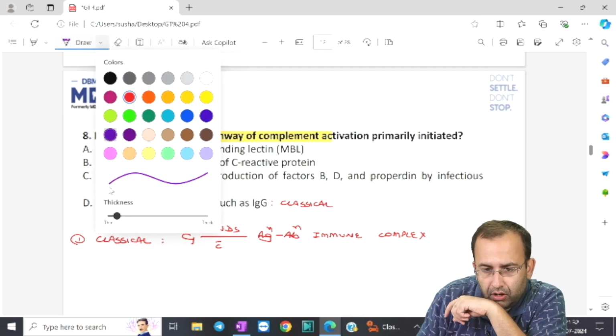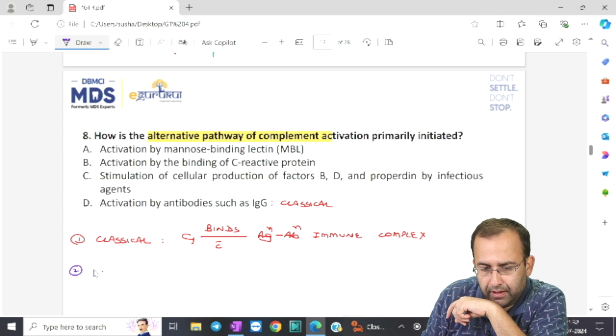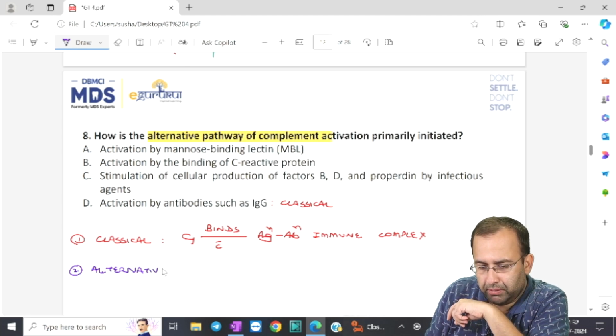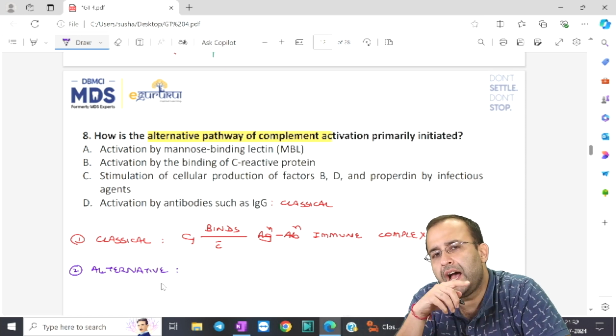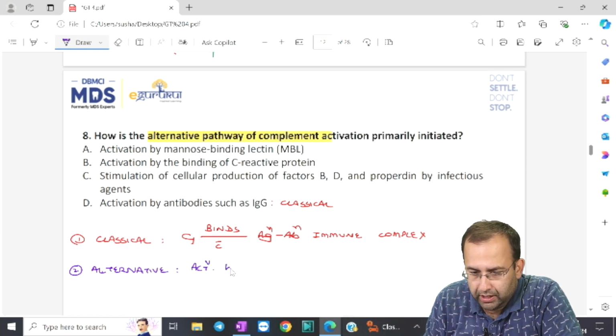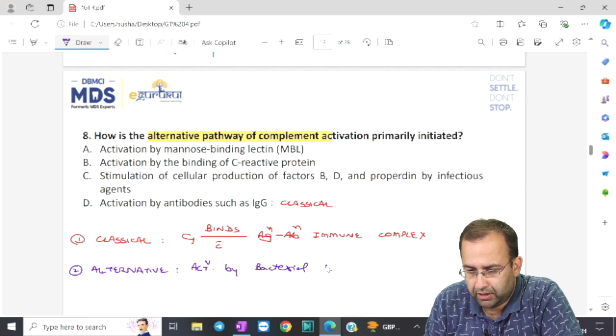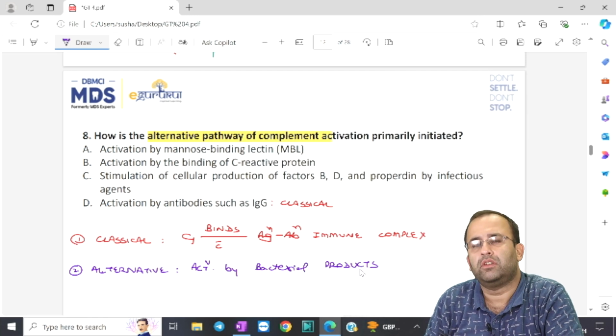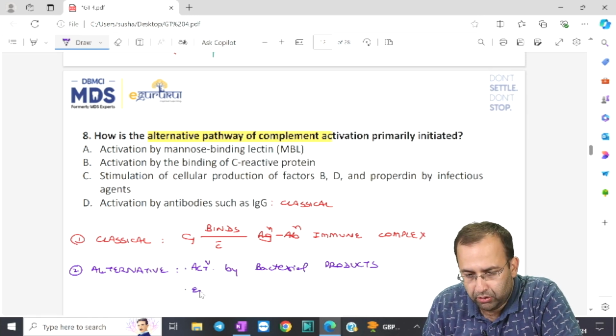Next is the alternative pathway, which is activated by part of bacteria. It is activated by bacterial products. Which are the bacterial products? That is endotoxins.